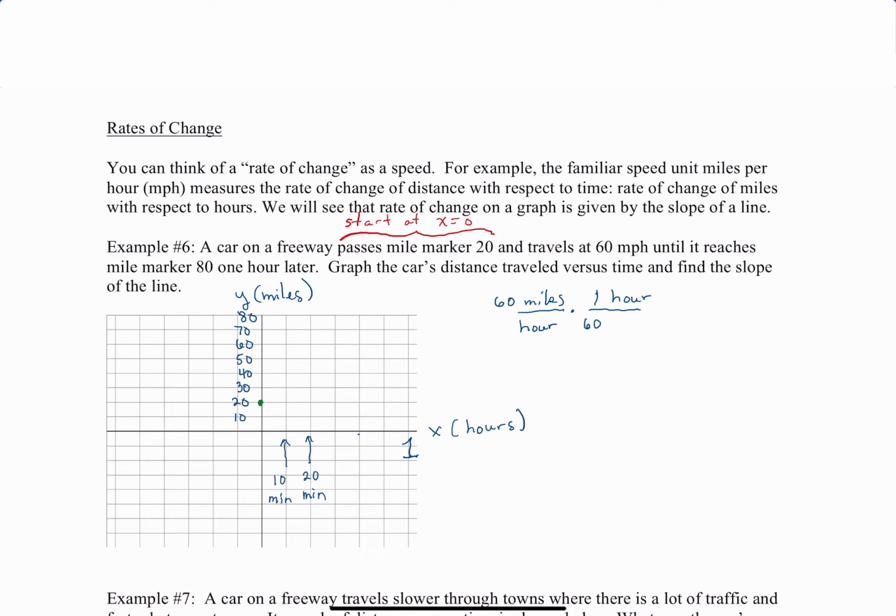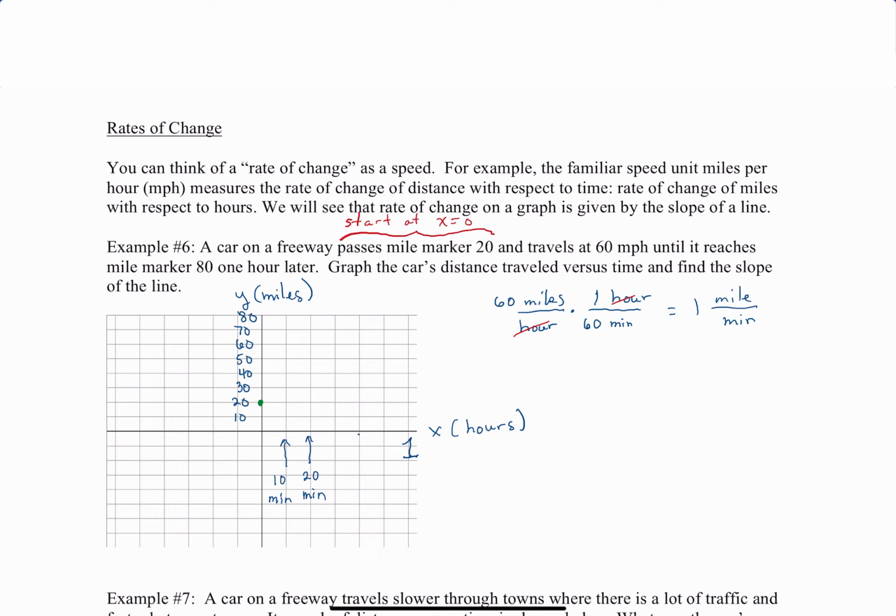There's 1 hour for every 60 minutes. The hours cancel out, leaving miles per minute, and 60 over 60 is 1. So we have 1 mile per minute. And that makes sense, right? Because if you're going 1 mile every minute, then in 1 hour, 60 minutes, you've gone 60 miles, hence 60 miles an hour.